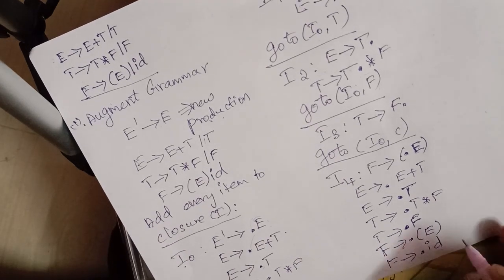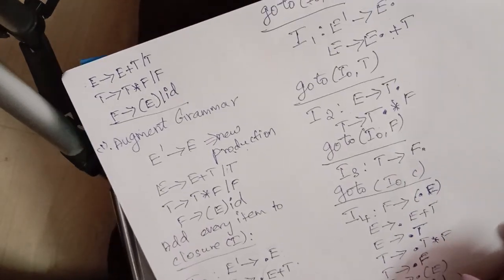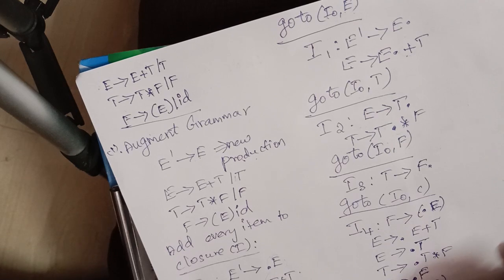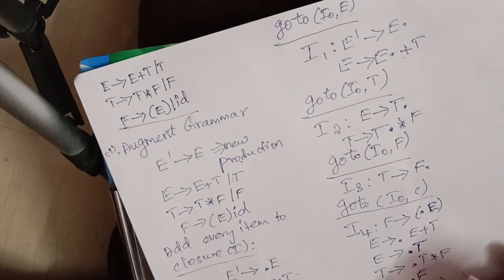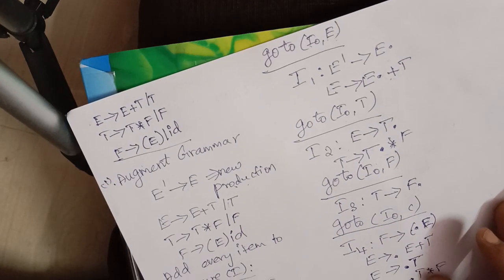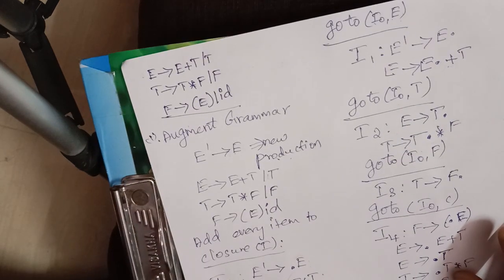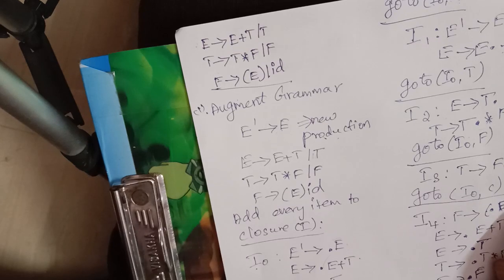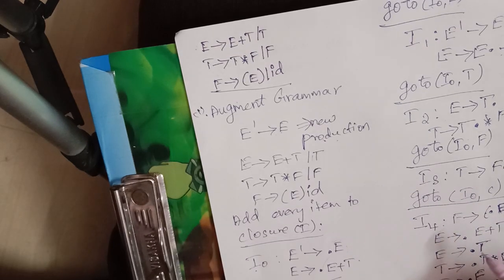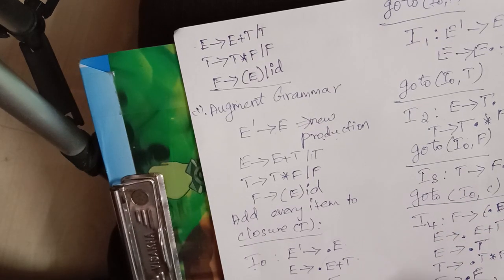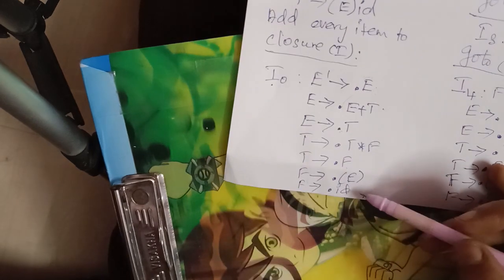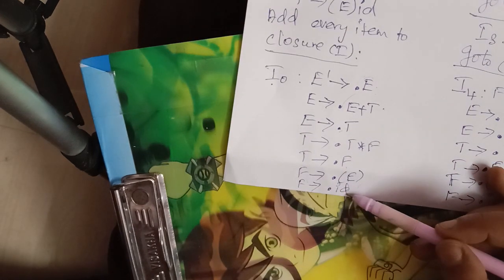That's all, I have written the closure values here. Now you can see from the beginning, in I0 we have applied go to till F tends to dot E. After that only one thing is pending, F tends to dot ID.